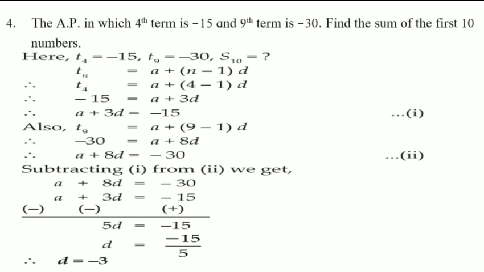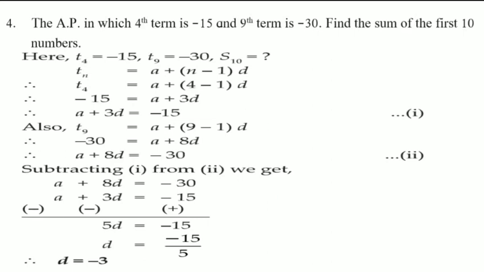Similarly, once again use the formula for Tn and again find out T9. And from that T9 you will get one more equation, a plus 8d is equal to minus 30. So again they are simultaneous equations. Again when you subtract them, a will be eliminated, you will get value of d. And by using that value of d, you can get value of a, as you can see on the screen.